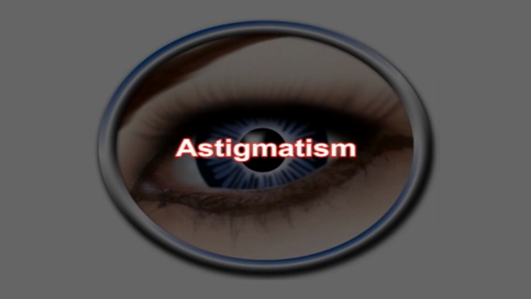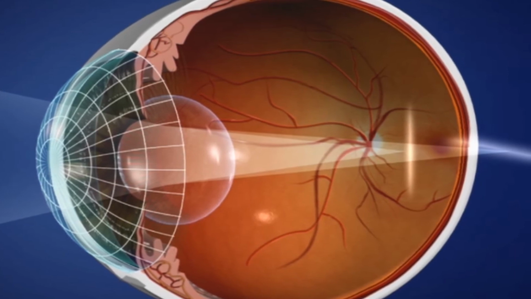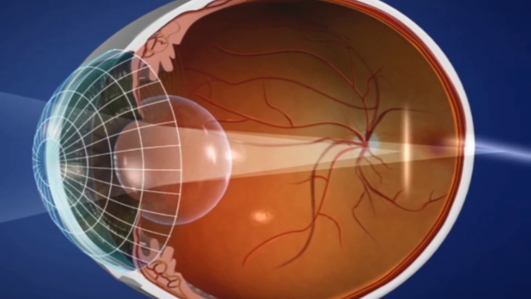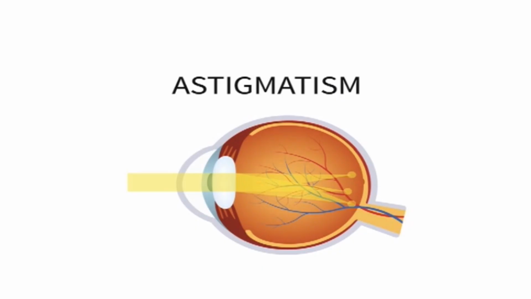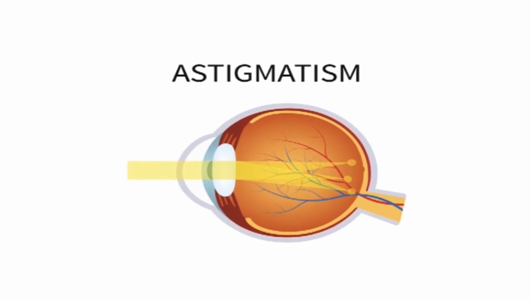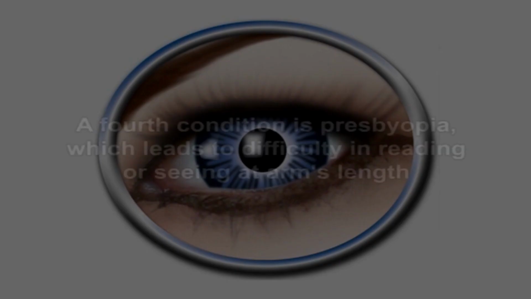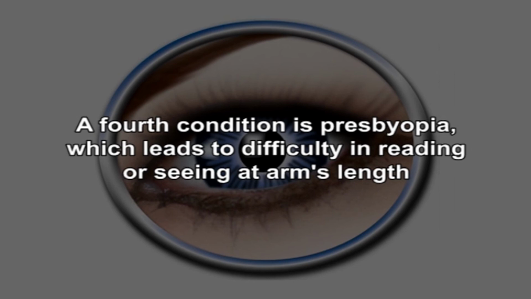3. Astigmatism. Distorted vision resulting from an irregularly curved cornea, the clear covering of the eyeball. Astigmatism is the result of the irregular curvature of the cornea or of a more oval-shaped eyeball. A fourth condition is presbyopia, which leads to difficulty in reading or seeing at arm's length.